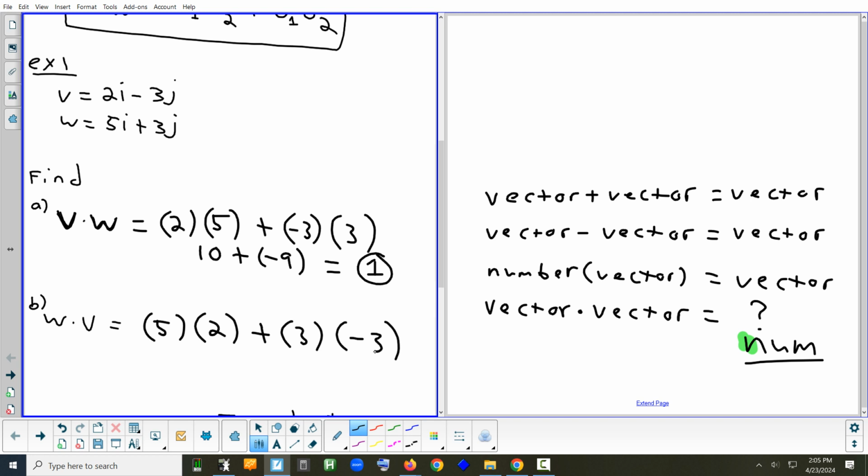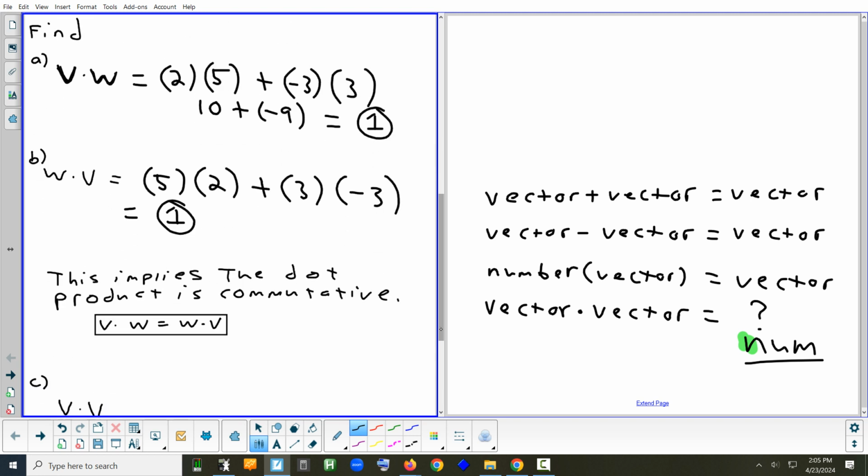But what do you get for the dot product? 1. You still get 1. So what property do you think that means? We talked about this property yesterday. Commutative. Yes, the dot product is commutative. It doesn't prove the dot product is commutative, but it suggests, it implies, based on that example, that it is.